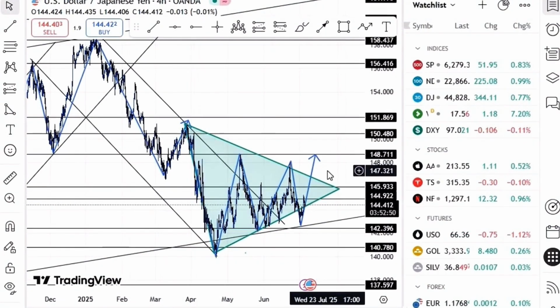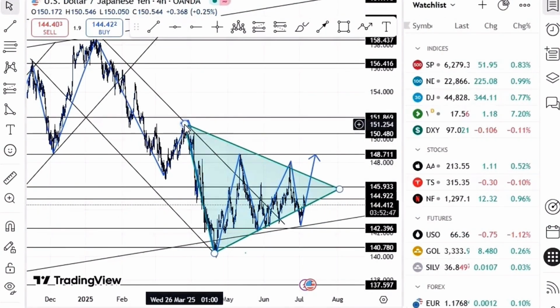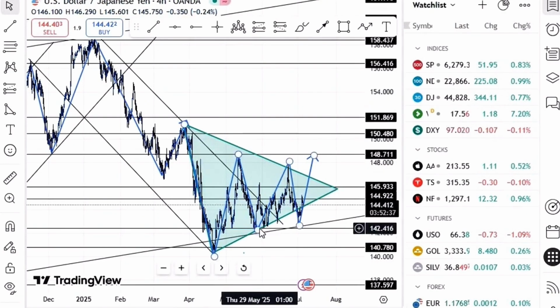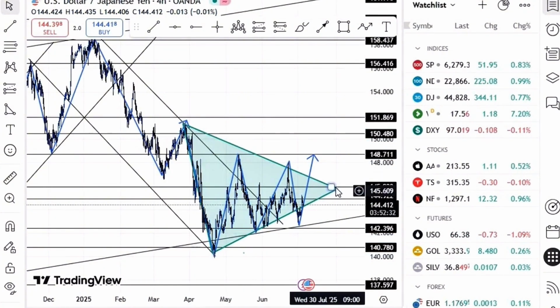Something which you should actually consider is that the market is squeezing price to its smallest form, meaning that as the market squeezes price, we will be having a consolidation until a certain breakout, and then that's when we will have our confirmation of a trade, right?